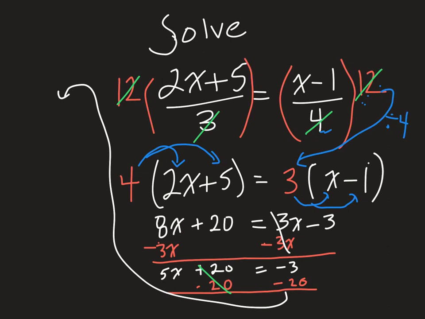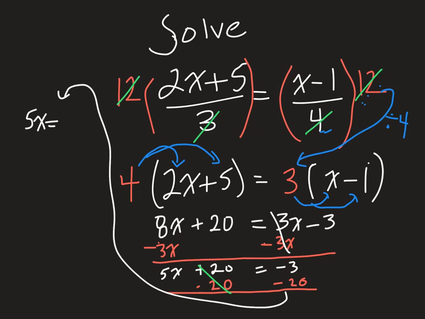So I've got 5x equals, and I just look back over here. Let's get my laser pointer. I look back over here, and I think to myself, what is negative 3 minus 20?